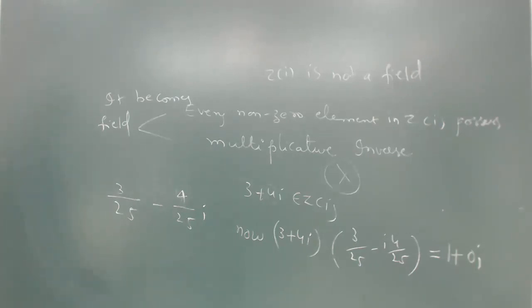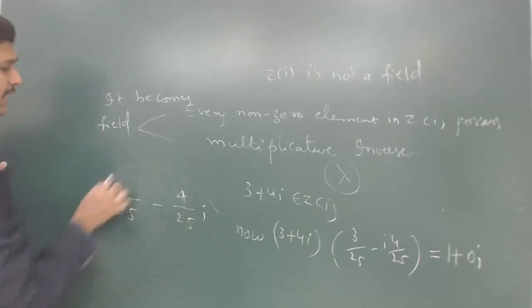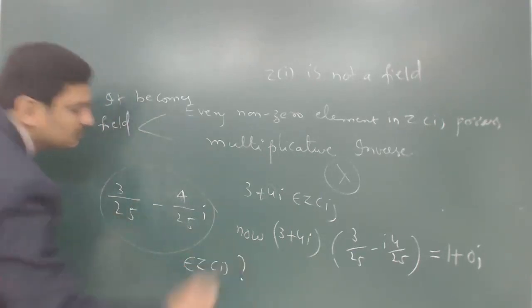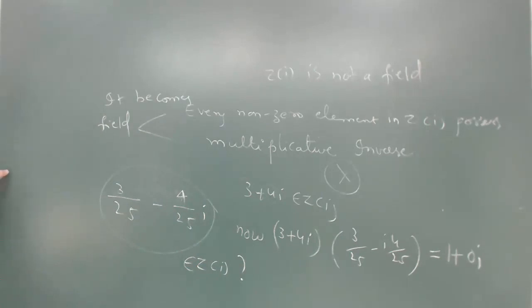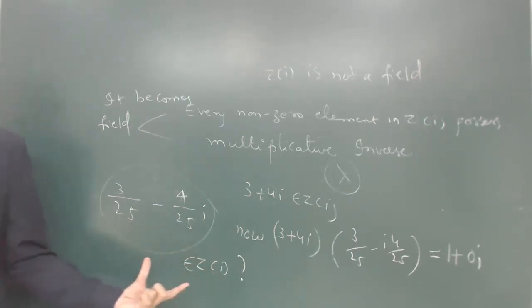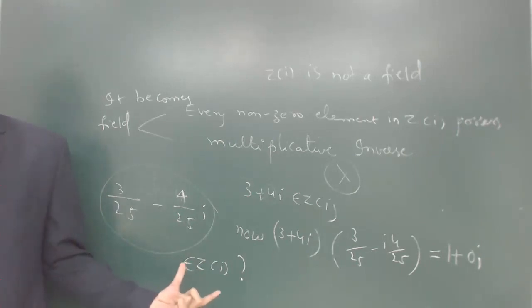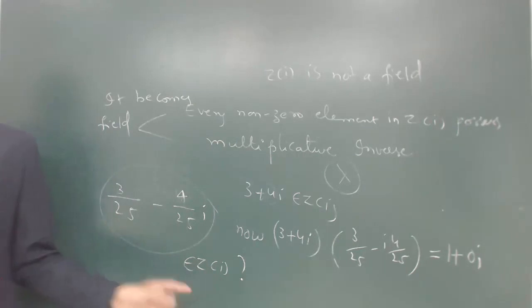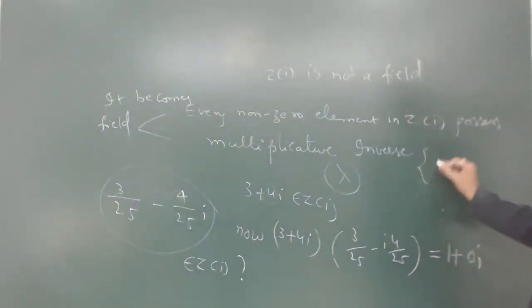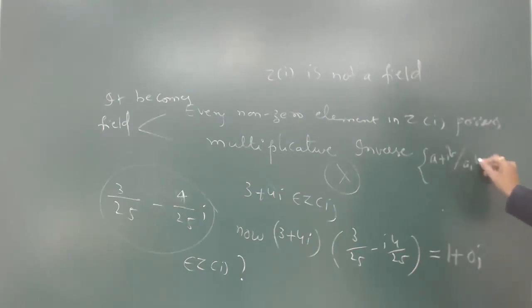Now the question is, does this value belong to Z of I? No. Why? Because the very definition of Z of I is that it contains elements of the form a plus ib, where a, b are integers.